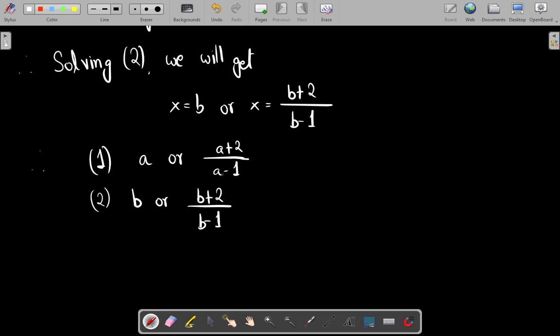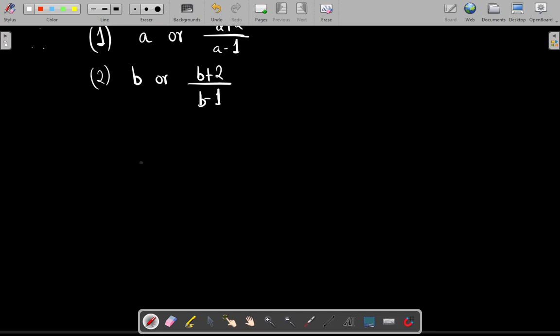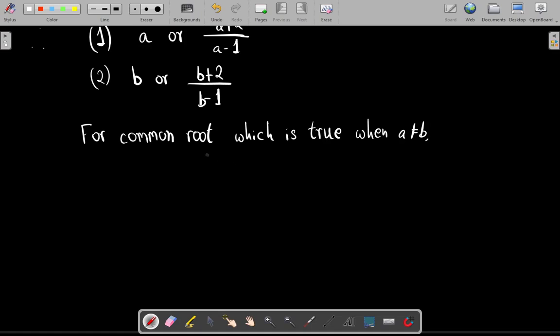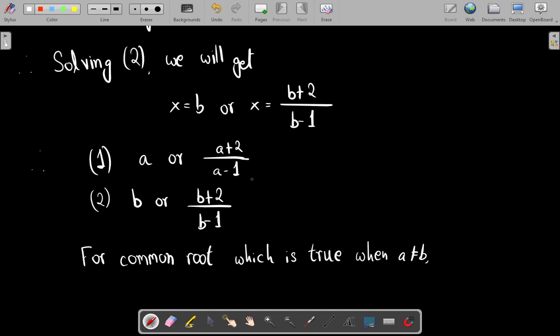So for a common root to exist, which is true when a not equal to b, we can have a equal to b plus 2 by b minus 1, or we can have b equal to a plus 2 by a minus 1.